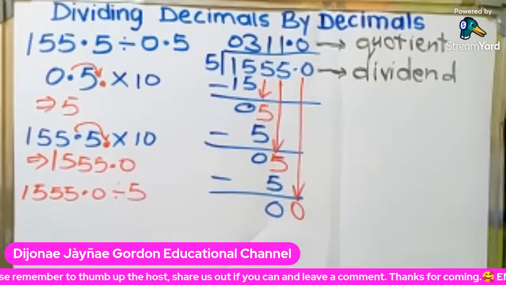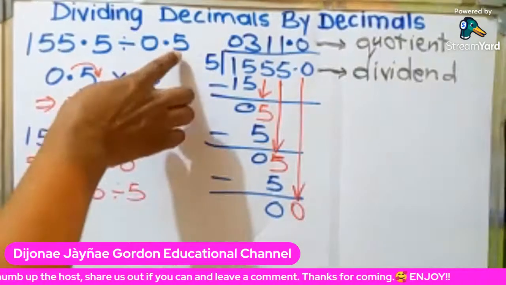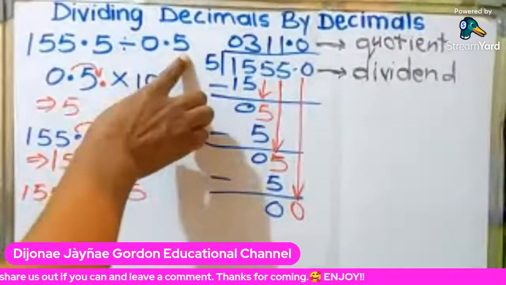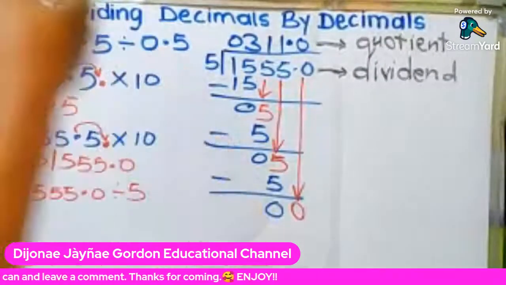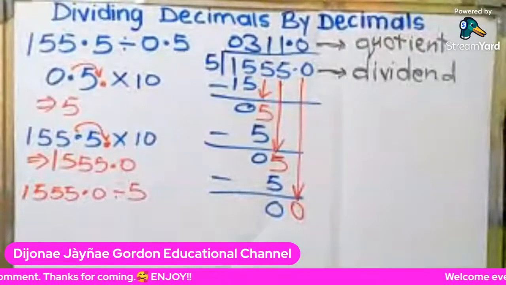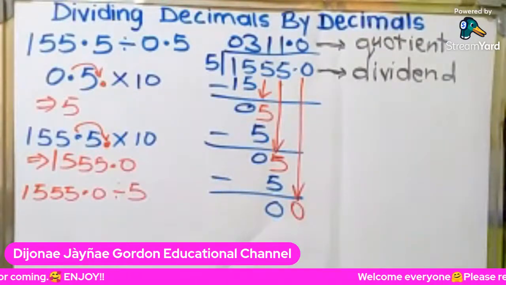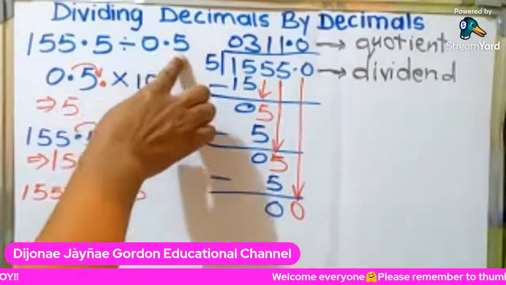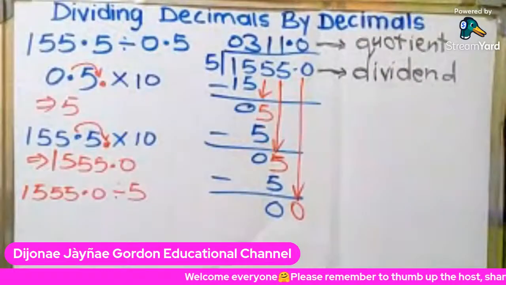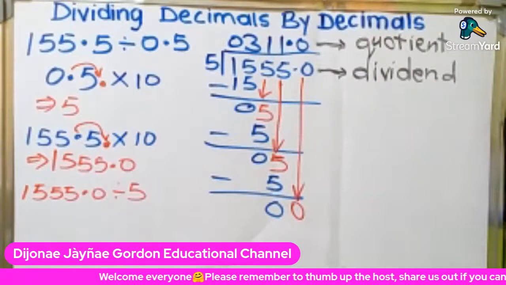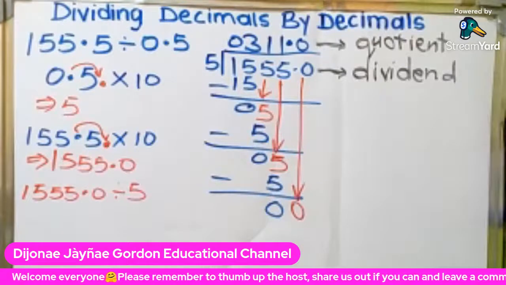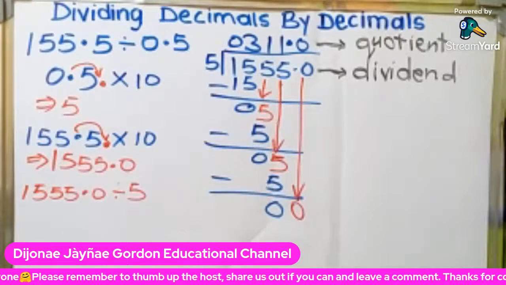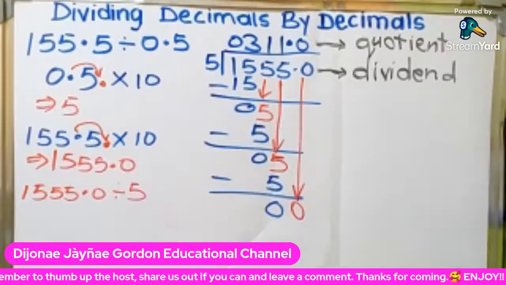All right, so for example, as I said, this 5 is in the 10th place. So guess what? We are going to multiply by 10. Of course, we only have 1 digit after our decimal place. So we multiply by 10.